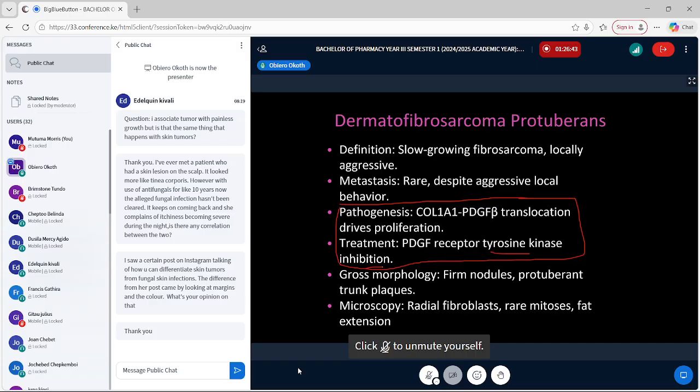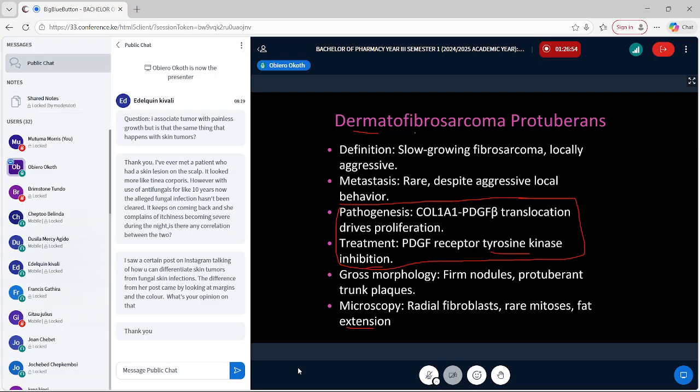Now you have a fatty invasion. This is dermatofibrosarcoma protuberans. Extremely common. You'll definitely see it. It doesn't metastasize, but it recurs a lot.